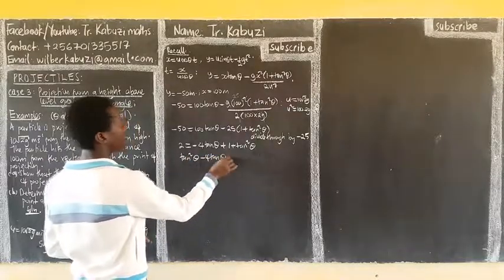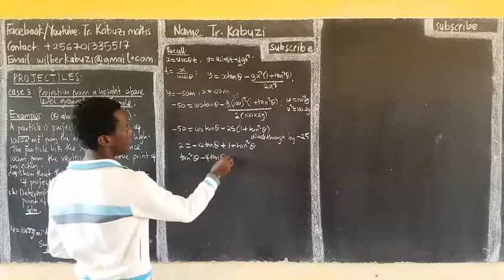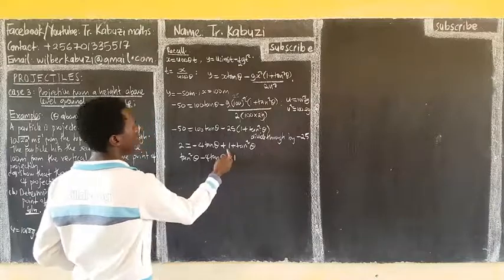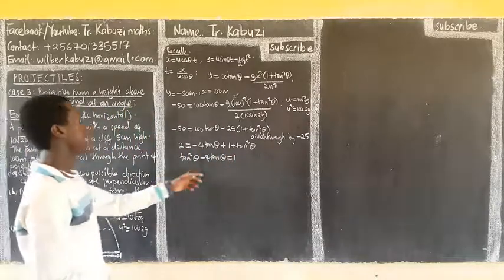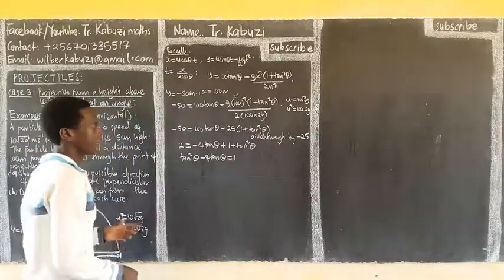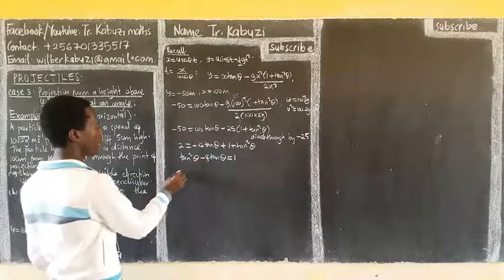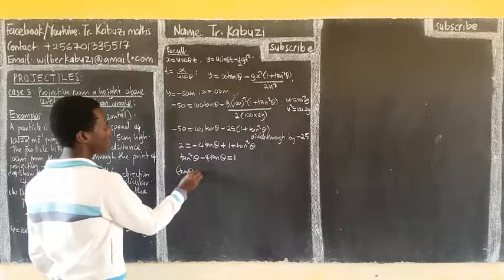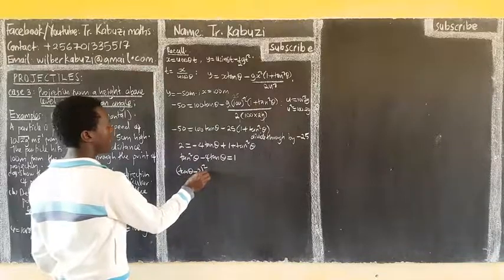When I bring this one this side, it will be equal to 1 when I take this the other side. So here, you can easily complete squares, you get a half of this.